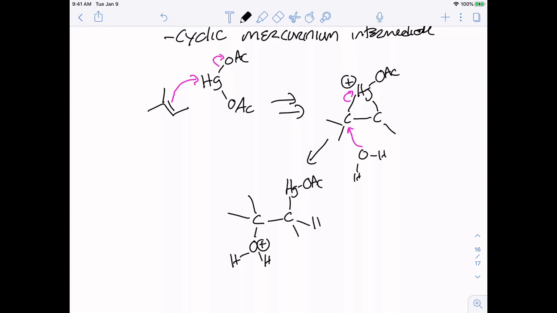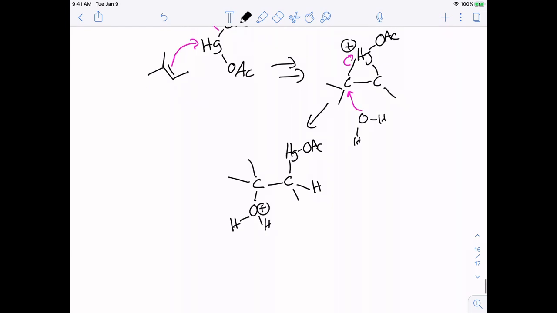And there's a hydrogen also. So we end up deprotonating that OH group. And then we have a few more steps. We throw in sodium borohydride, and we eventually get down to our product.